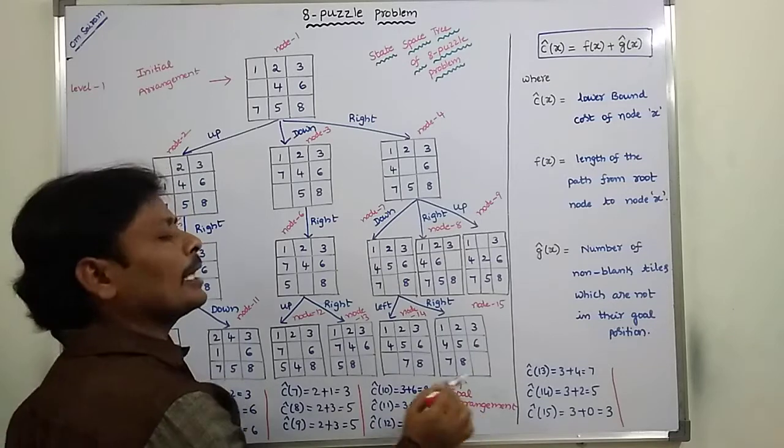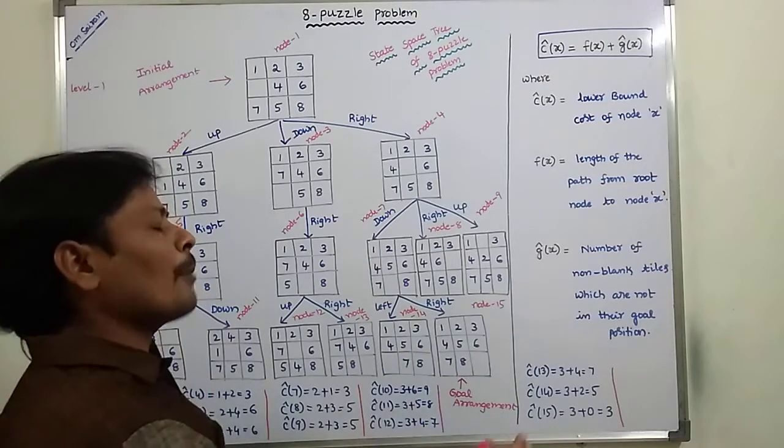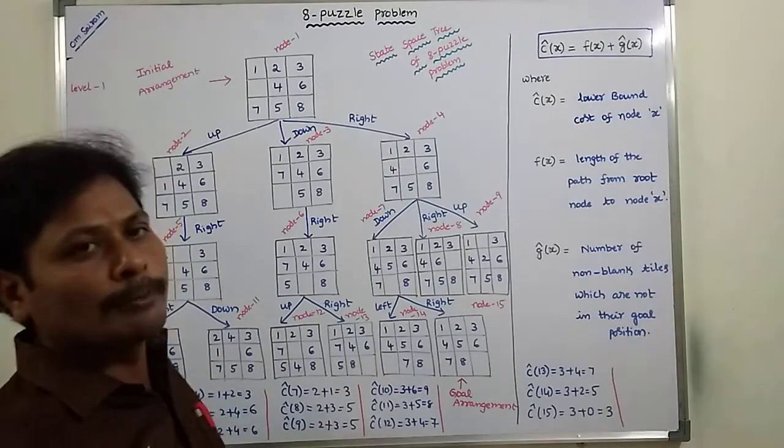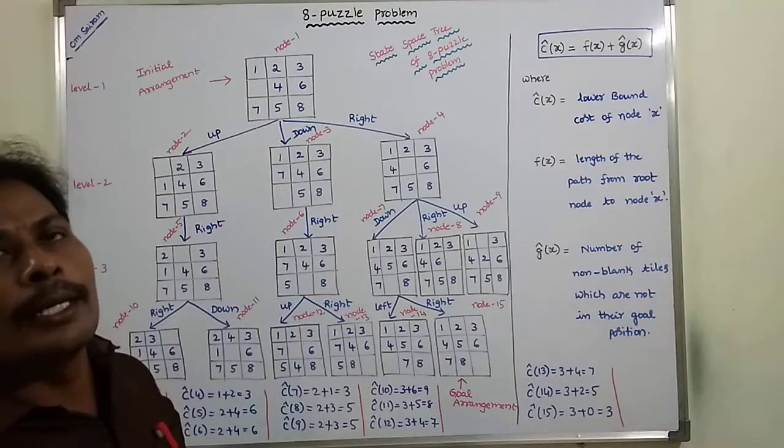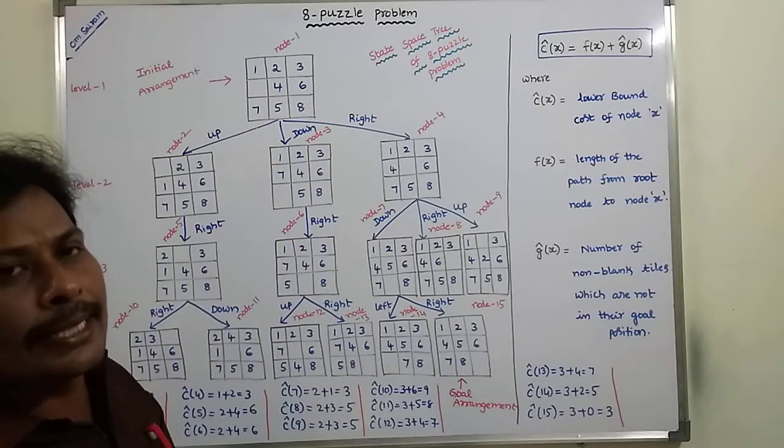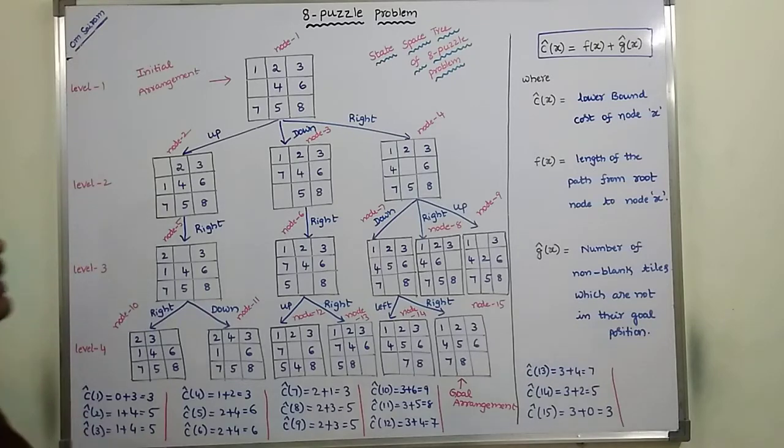Once we get the goal arrangement, we have to stop the extension of the node because it is part of the state space tree for the 8 puzzle problem. So in this way, we have to draw the possibilities of movement of the empty slot for a given node X, either in up direction, right direction, down direction, or left direction.